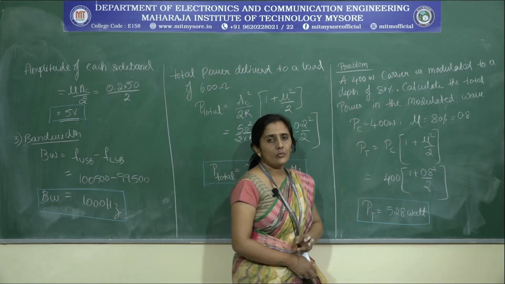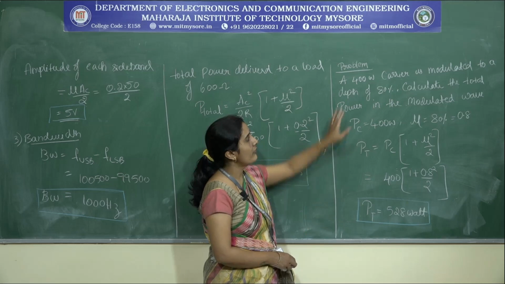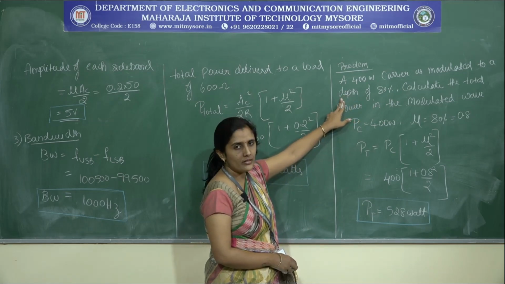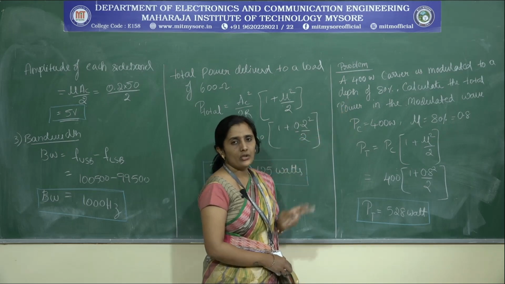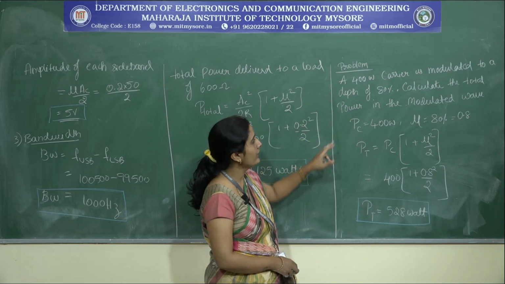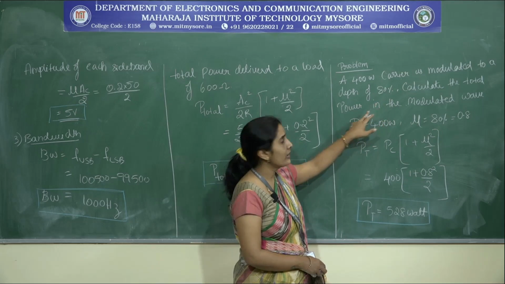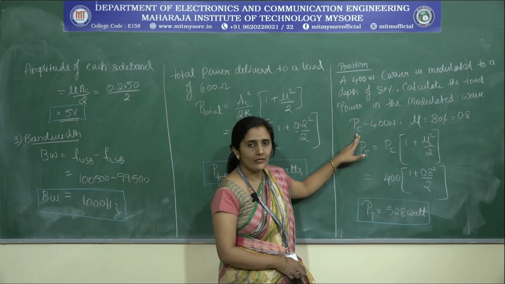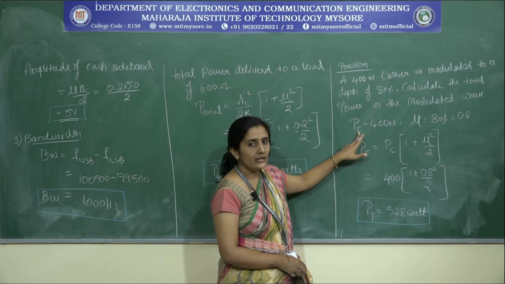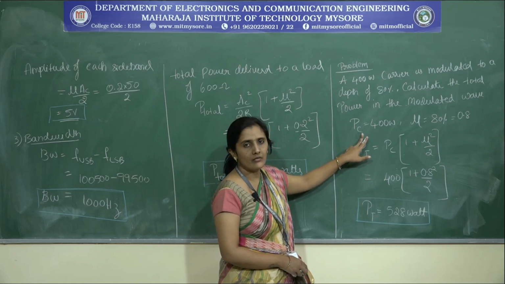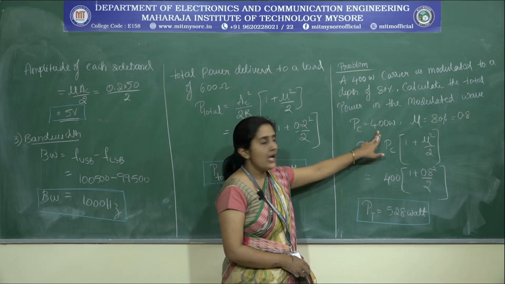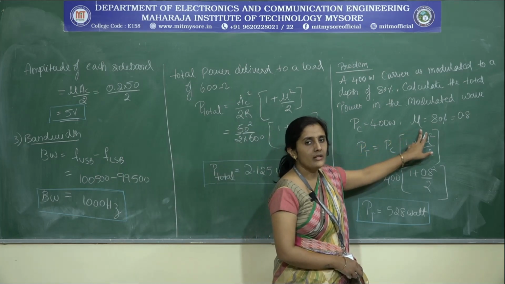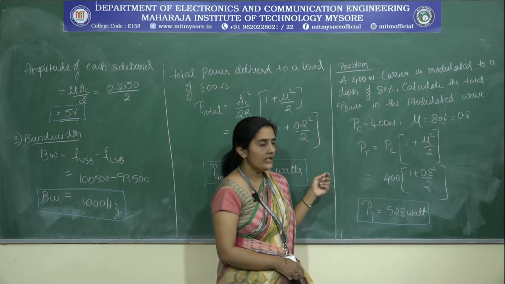Here we have a problem: a 400 watt carrier is modulated to a depth of 80%. Here 80% is nothing but the modulation index. Keeping this, calculate the total power in the modulated wave. What they have given is the carrier power, which is 400 watt, and the modulation index of 80%, which we can write as 0.8.